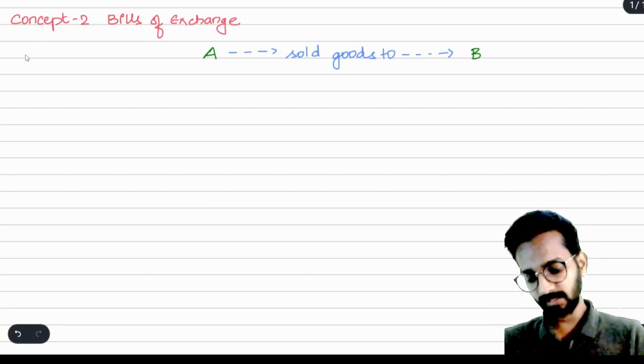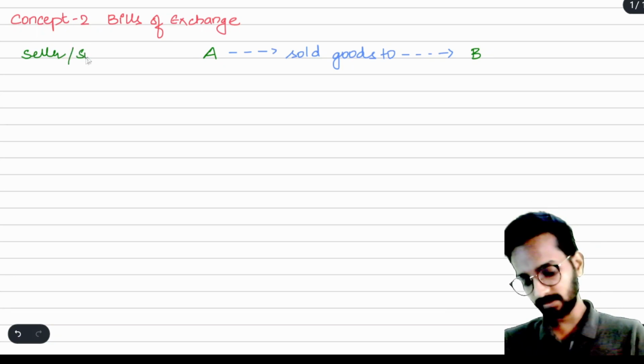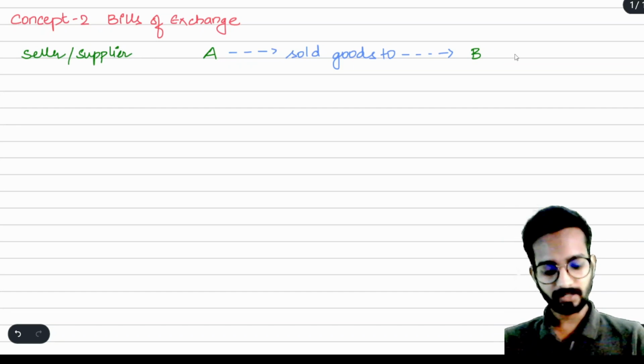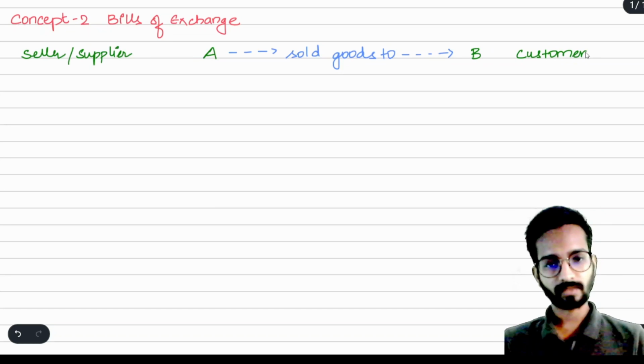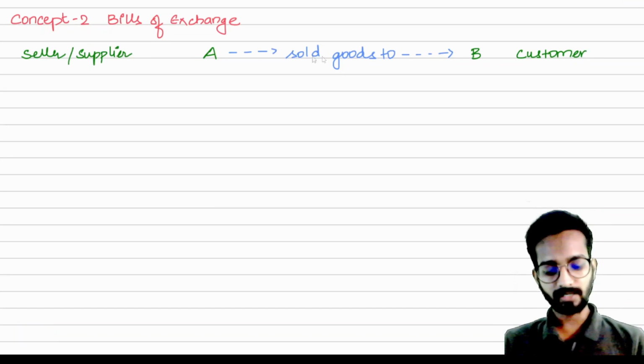I can say he is the seller of goods, seller or supplier. And who is B? B, you can say, is the customer. Simple enough.